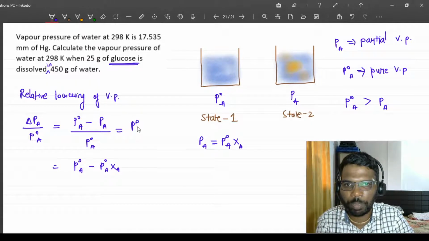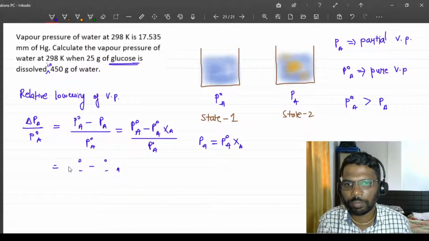I'm writing P naught A minus P naught A x A, divided by P naught A.